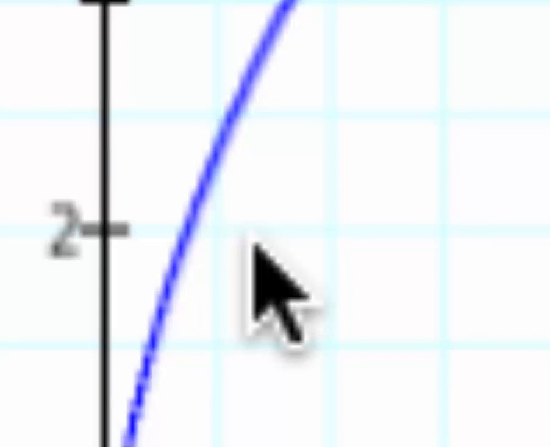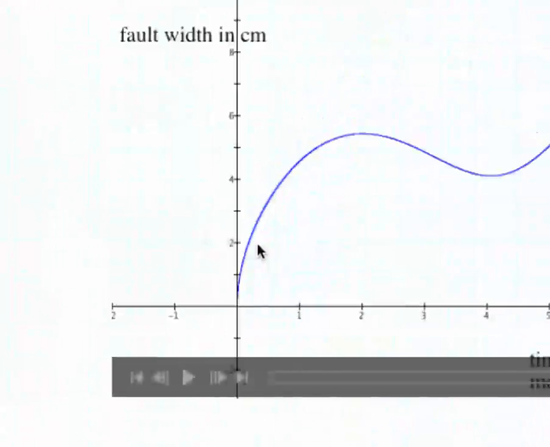Half a centimeter divided by 1/8 of a month. Half divided by 1/8 is 4, so 4 centimeters per month. You can estimate somewhere around 4 centimeters per month. Okay, write that down.